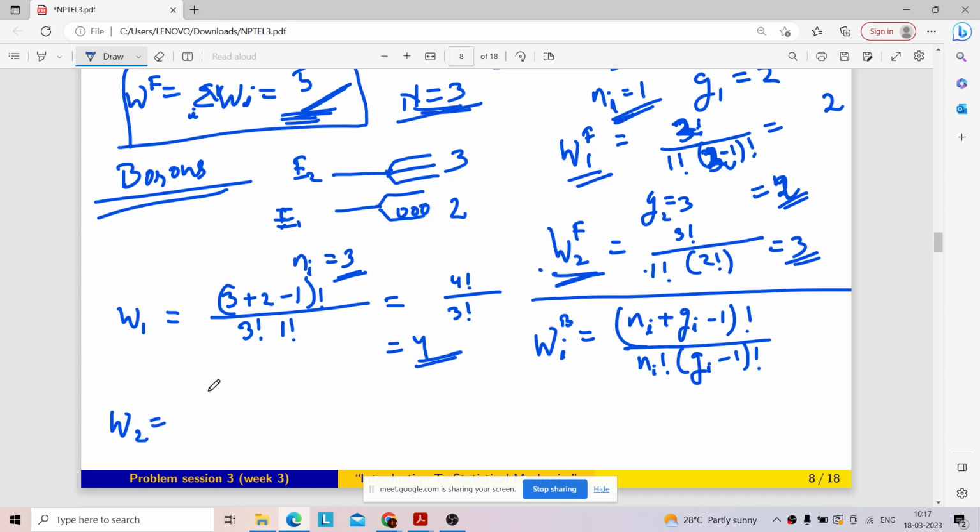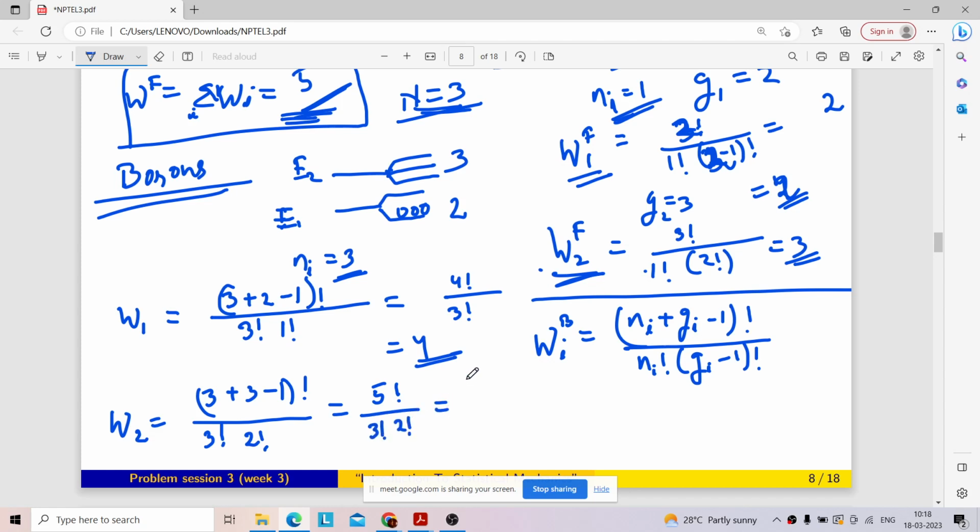So let's calculate W2. For W2, Ni is 3, still 3. Gi will change to 3, and there is minus 1. So this is (3 plus 3 minus 1) factorial, divided by Ni is 3, so 3 factorial. Then Gi minus 1, so 3 minus 1 is 2 factorial. So we have 5 factorial divided by 3 factorial into 2 factorial.